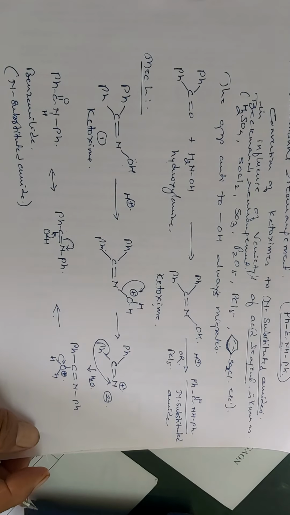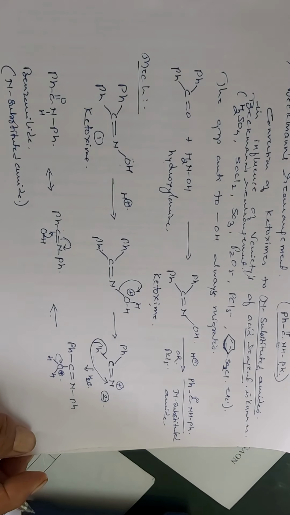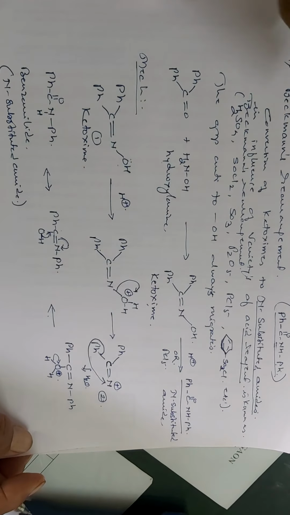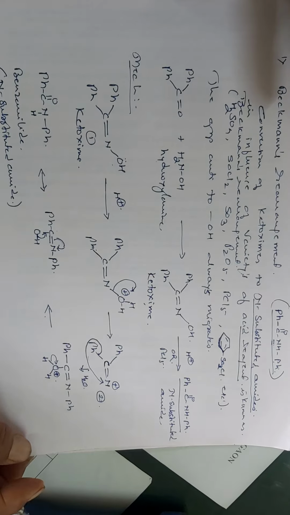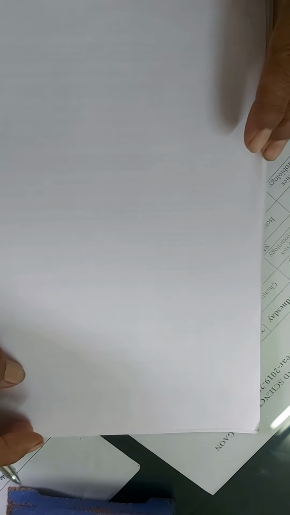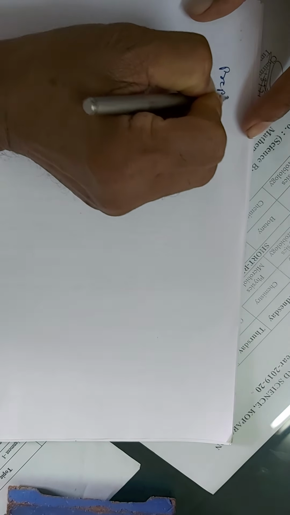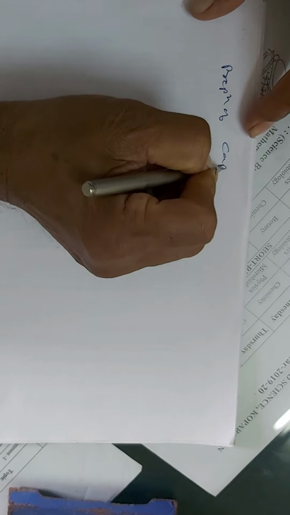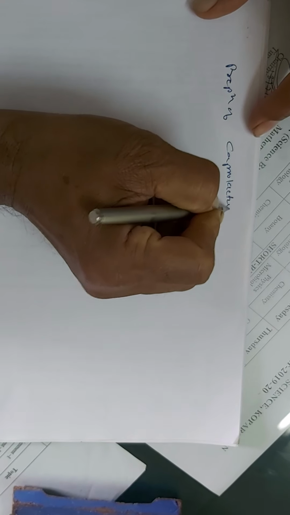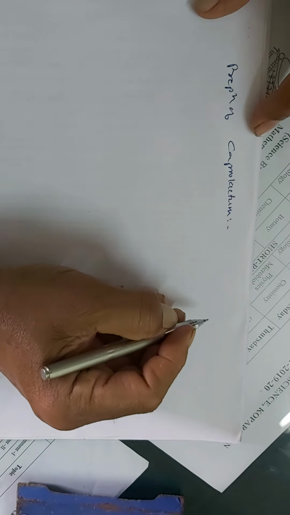And so in this way this reaction is widely used for the preparation of different types of compounds. Here we will see how this is also used in the preparation of caprolactam, the preparation of caprolactam by using Beckmann's rearrangement.